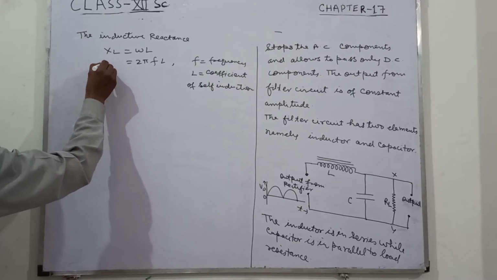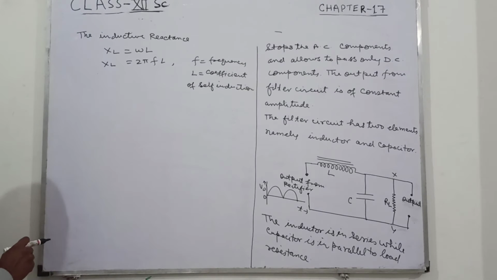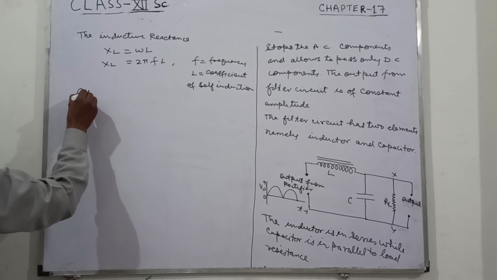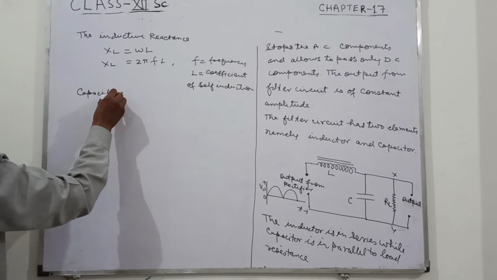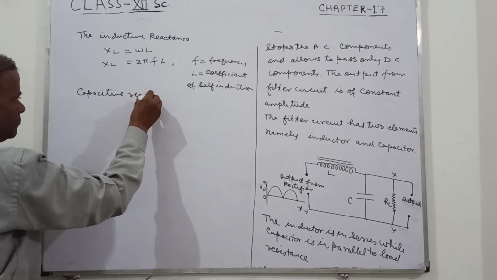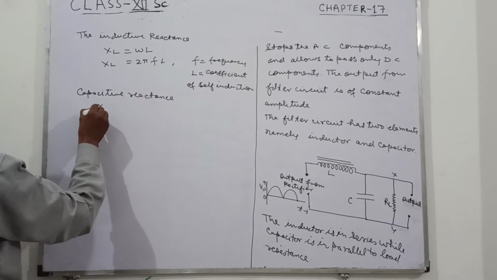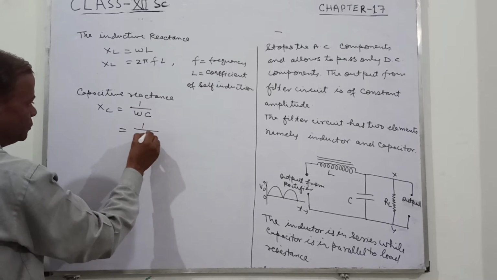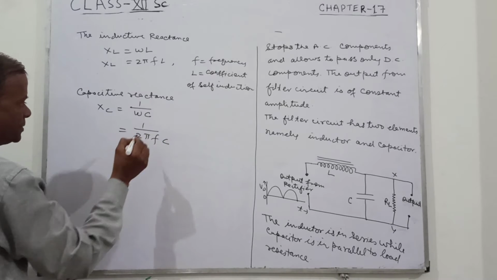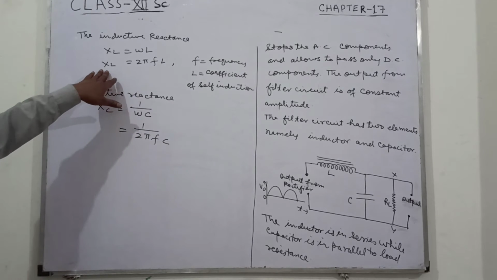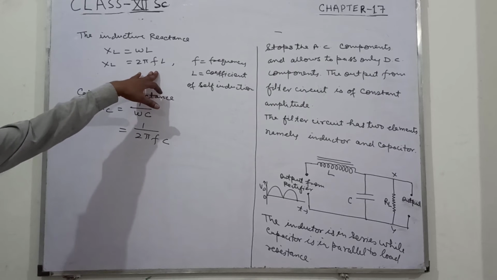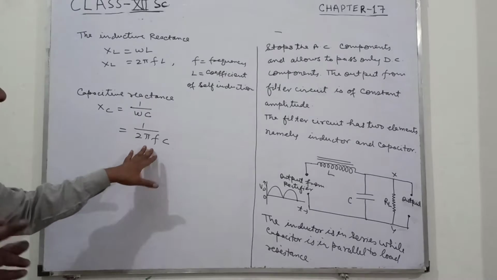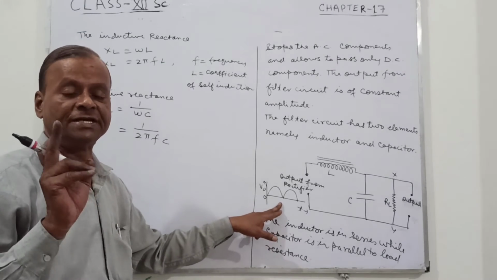This is what the resistance is. Similarly, the capacitive reactance XC is equal to 1 upon omega C, equal to 1 upon 2 pi fC. So now you see that XL is directly proportional to the frequency, and XC is inversely proportional to the frequency. Now in this output we are having the two components, AC and DC.